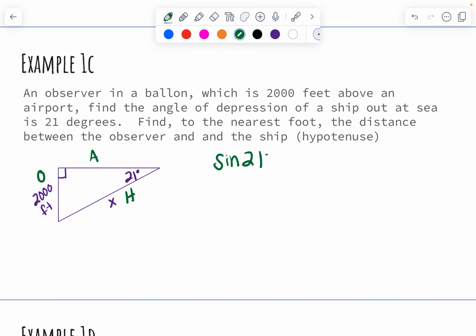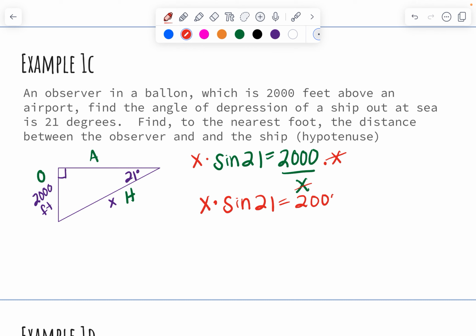Sine of 21 is 2,000 over x. Remember, when x is on the bottom, it's a two-step process to solve for it. So first we'll multiply both sides by x, which gets our x out of the bottom. And then we have x times sine of 21 is 2,000. And now to get x by itself, we'll divide both sides by sine 21.